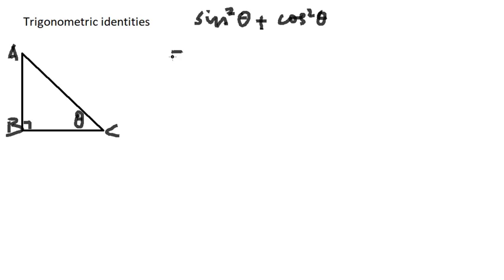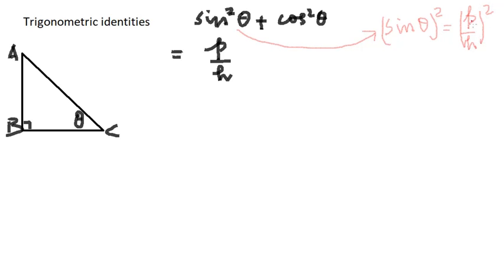So we know from our last video that sine theta is P by H. Now sine squared theta means sine theta the whole squared, and since sine theta is P by H, this will mean P by H the whole squared, which is P squared by H squared.